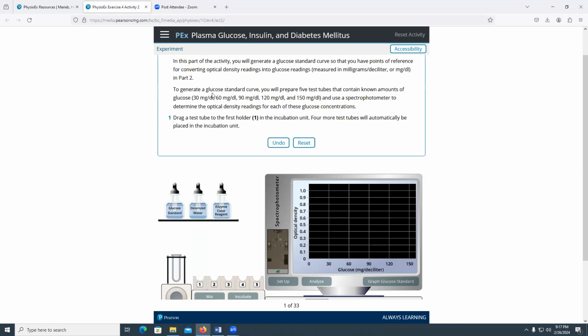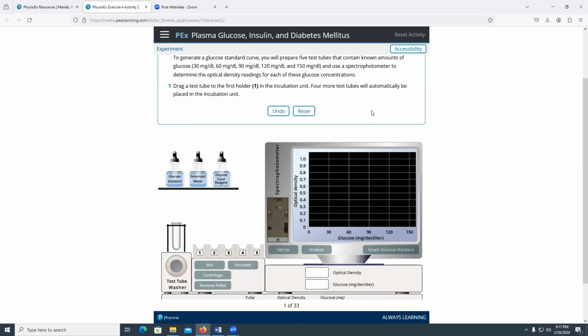So to generate a glucose standard curve, you will prepare 5 test tubes in ascending order, 30 milligrams per deciliter on the first tube right here, then 60 on the second tube, then 90 on the third tube, then 120 on the fourth tube, then 150 on the fifth tube, and use a spectrophotometer to determine the optical density readings for each of these glucose concentrations.